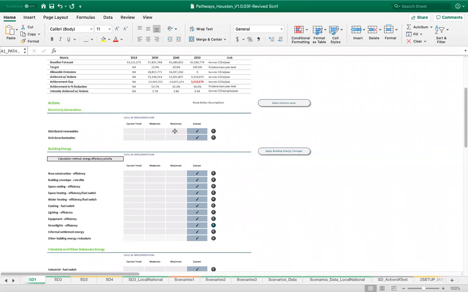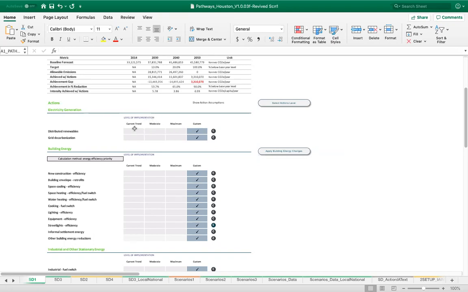It's easy for people to understand the current trend or where things are headed currently. But what's the absolute maximum potential that we're talking about? It's more a reference point than a specific reduction scenario, because then the tool almost becomes useless. You just go along and put a check mark in everything against maximum.